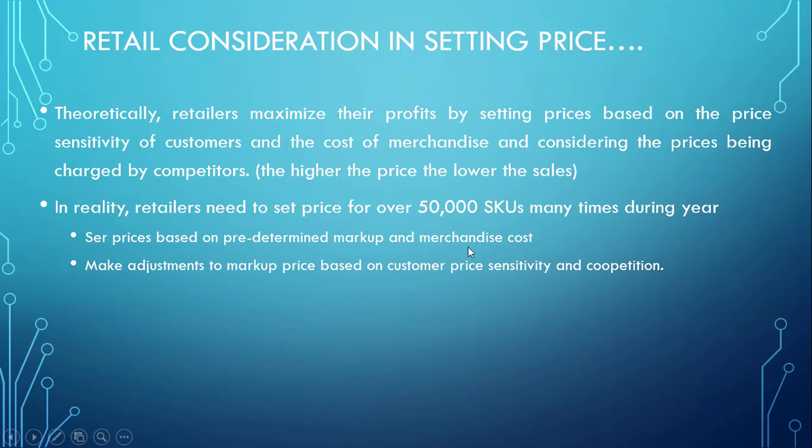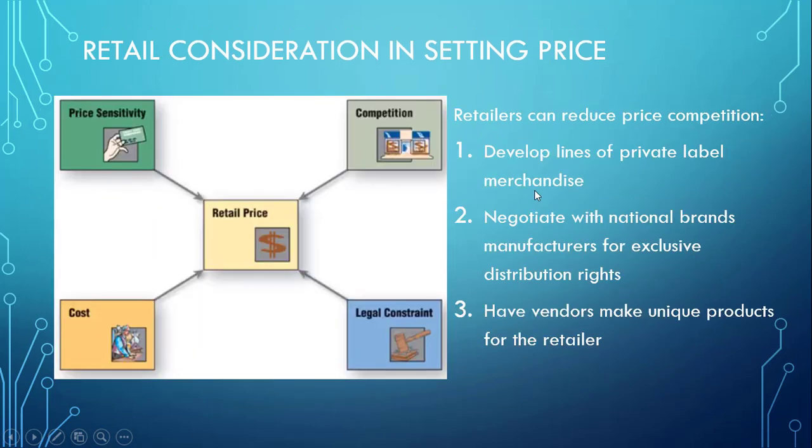So we have two basic issues: theory and practice. Theoretically, retailers maximize their profit by setting prices based on price sensitivity, customers, cost, and so on. As a theory we have discussed on this slide, they will consider the competition, the price sensitivity, and so on.